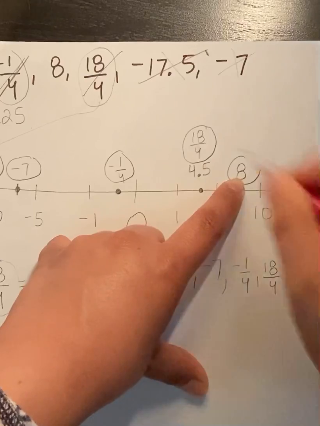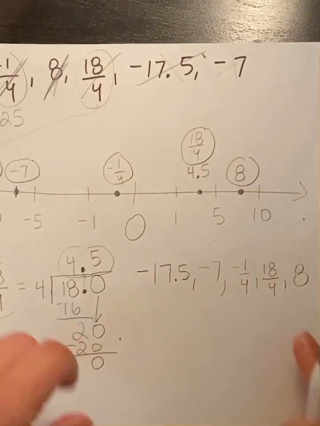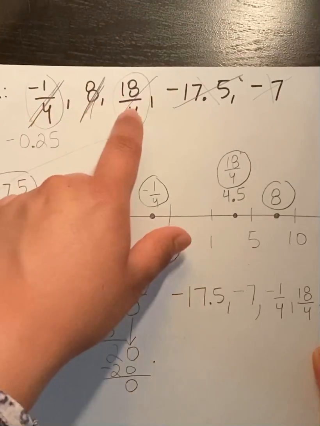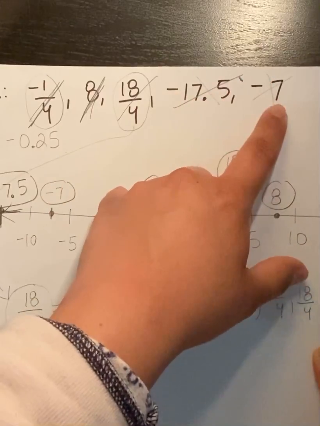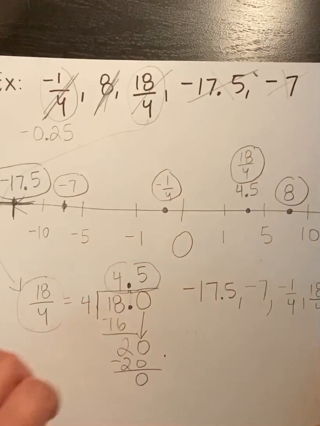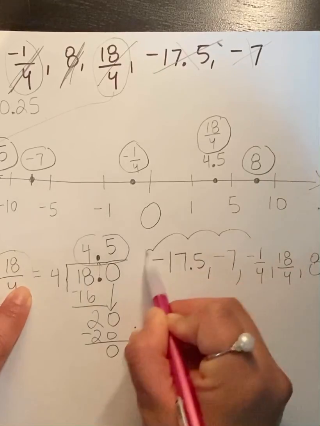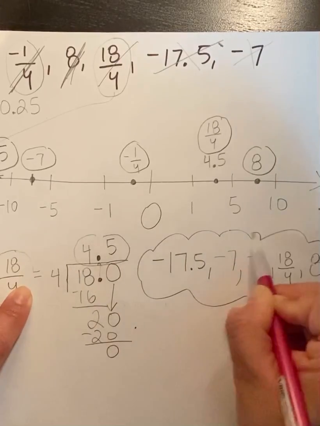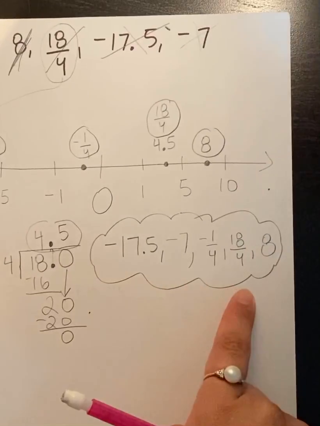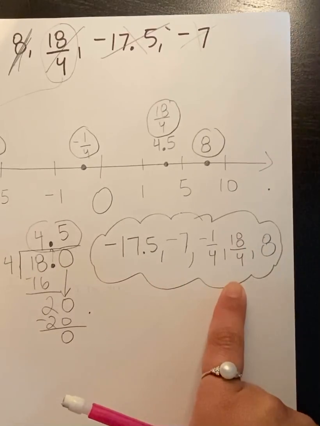I'm going to write 8 and I'm going to cross it out. This way, I know that I have included all the numbers in my list. So, my final answer for this problem would be this order here, from least to greatest.